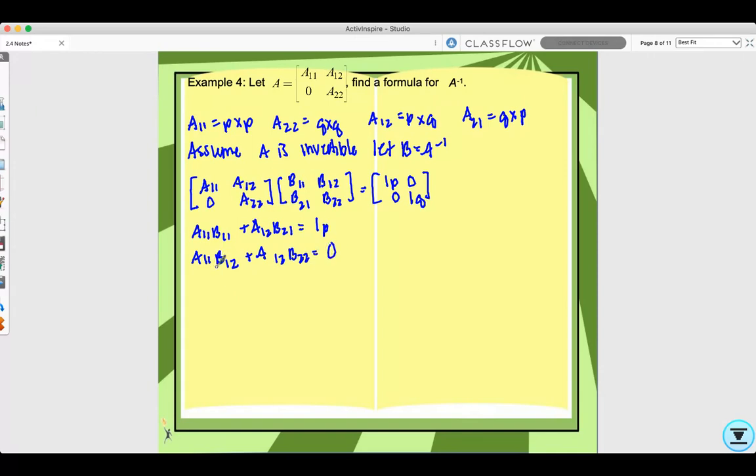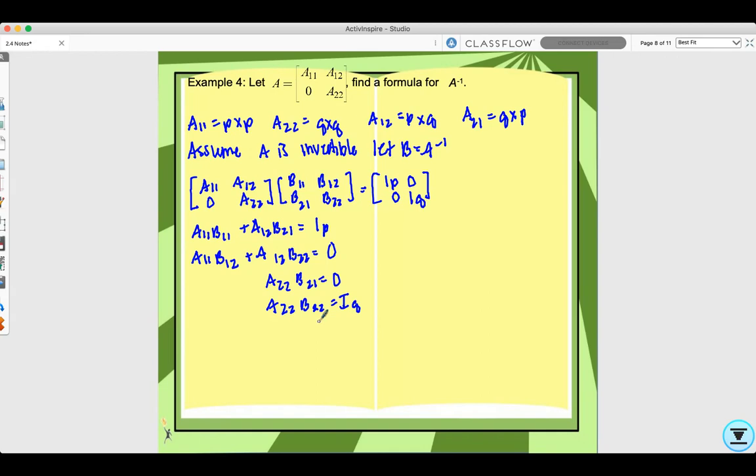Then the next one, I would just have A22 times B21, and that equals 0. Because of this 0 here, I lose a term. And the same thing with the next one, I would have A22 times B22 would equal my identity matrix IQ.